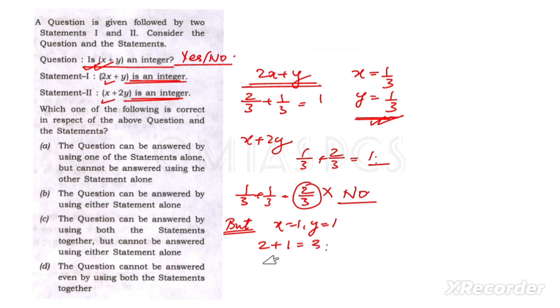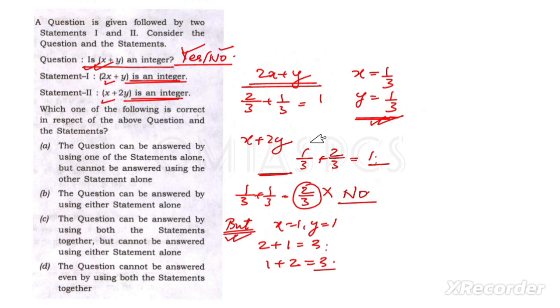Again for statement 2, I am taking 1 plus 2, that is 3, that is also an integer, and 1 plus 1 is also an integer. So whenever we take integral values of x and y, we are getting yes, but in the earlier case we are getting no. So that means we are getting both answers, yes as well as no, based on the values of x and y.